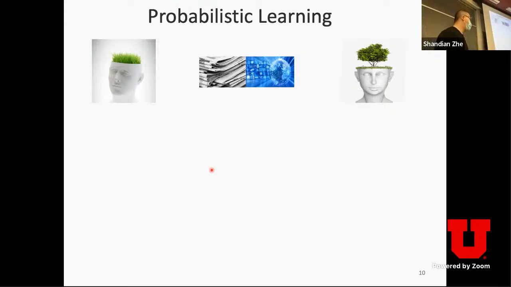When we learn something, we're not always starting from scratch, right? If we try to study machine learning, you have some prior knowledge about that, even basic knowledge like statistics, calculus, linear algebra, all those things. You're not totally empty in your brain, right? You always have something in your mind.